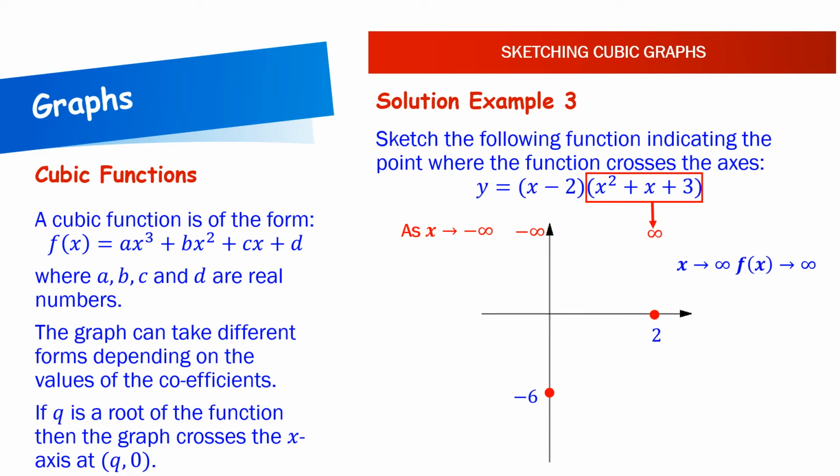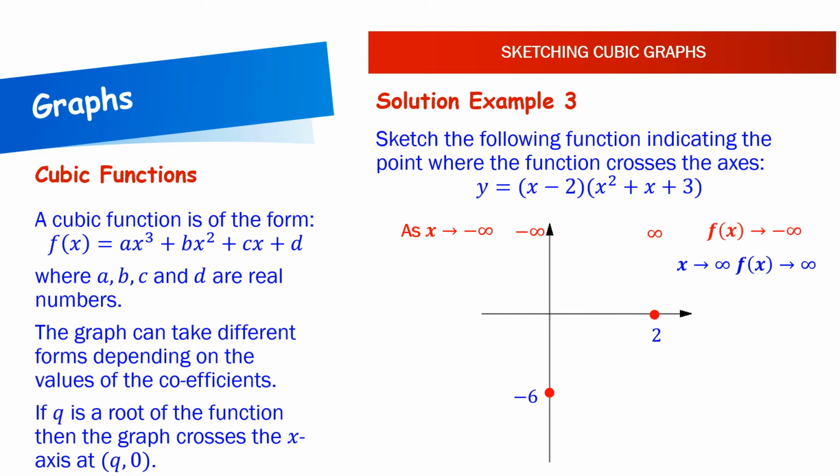However, quantitatively, as x squared is larger, it's increasing towards infinity at a much larger rate than x is decreasing towards minus infinity. So x squared numerically is superseding the x. So overall, the impact is that x squared plus x plus 3 tends to infinity.